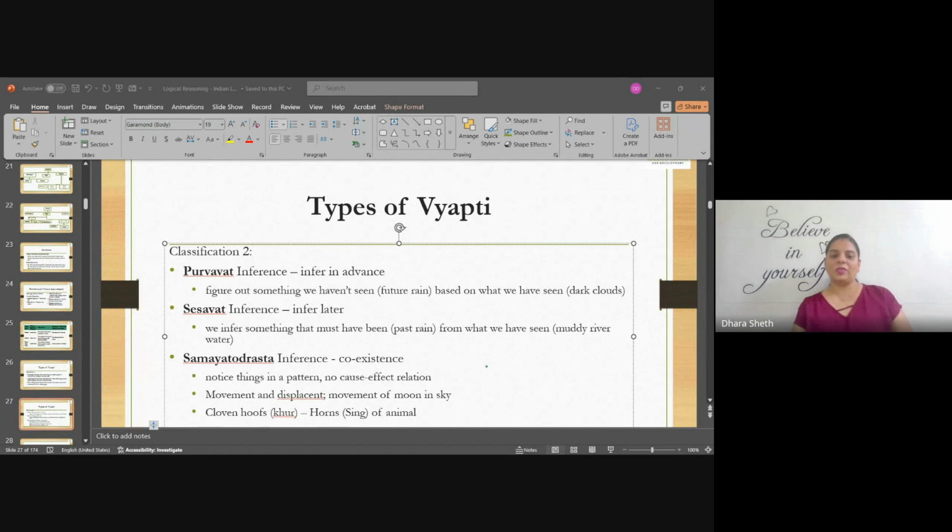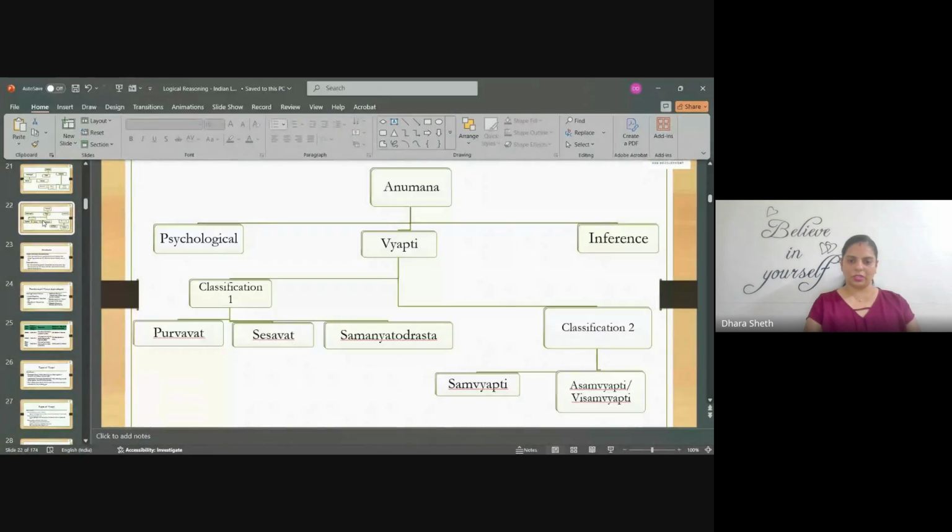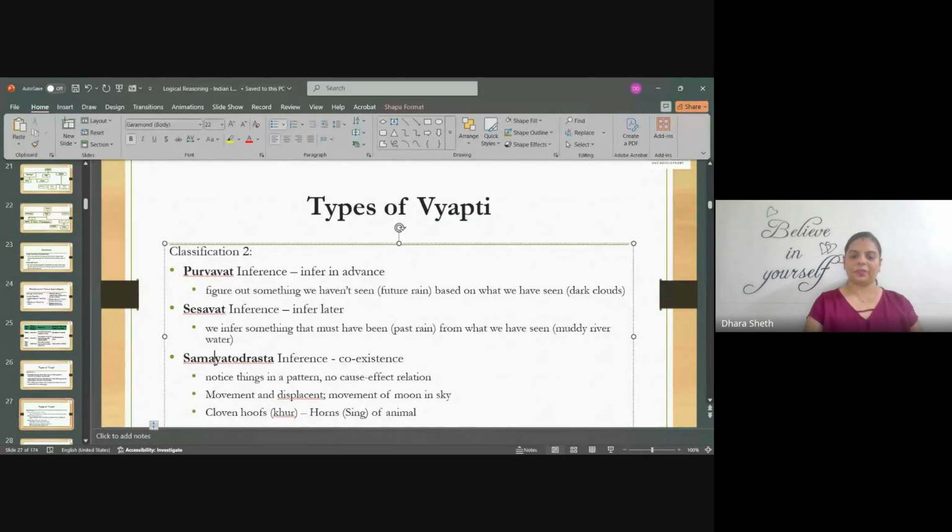Okay. Now Samanyato Drashta. Samanyato Drashta inference is coexistence. There is no cause and effect relationship, but the things are going in a pattern. For example, movement and displacement, like movement of the moon in the sky.